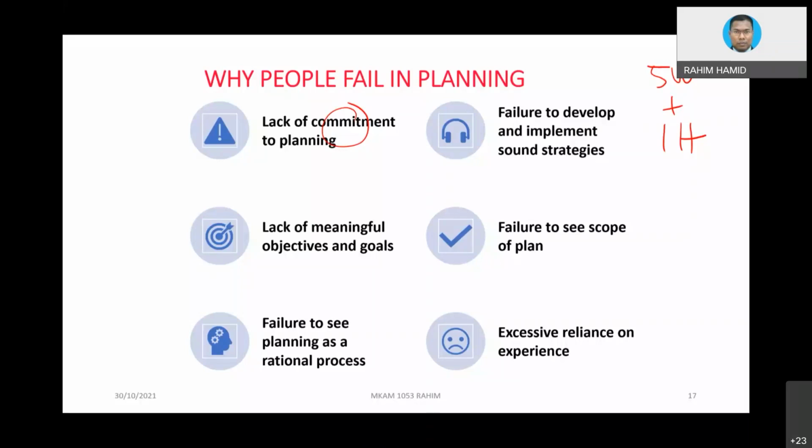Excessive reliance on experience. This is what I call complacent. As I mentioned, two projects cannot duplicate each other. It's unique. That is the definition of a project. Meaning to say, we can rely on experience most of the time, but we should expect the worst condition.